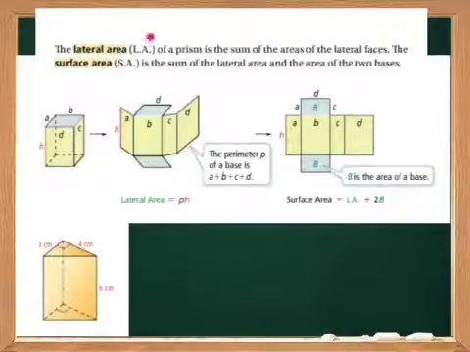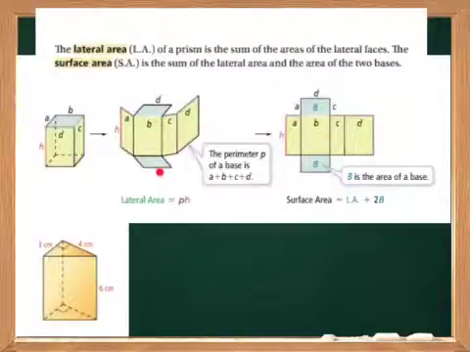The lateral area of a prism is the sum of the area of just the lateral faces, so just these going around. The surface area is the lateral area and the area of the two bases. So the surface area is the area of everything. The lateral area is just the sum of the areas of the lateral faces, so not including the bases.